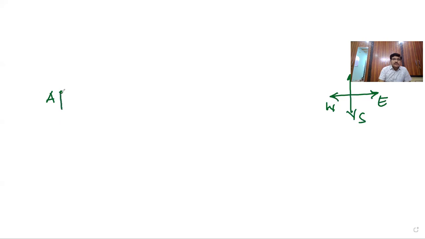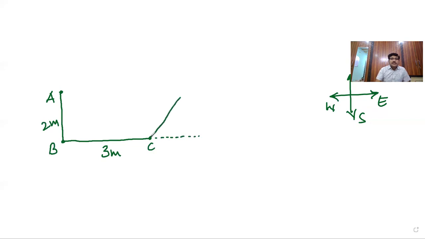That means up to 2 meters he is walking, up to B. Then he is taking a right angle, walking 3 meters towards east, up to C. Now observe, the dotted line shows the east direction.